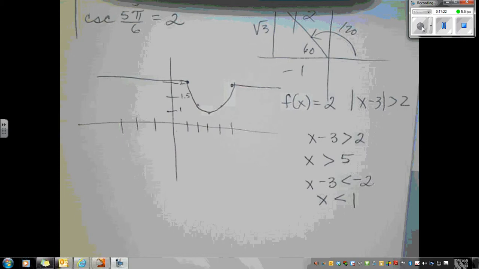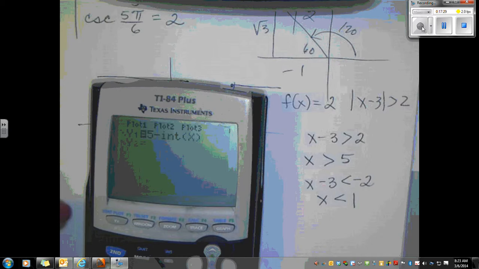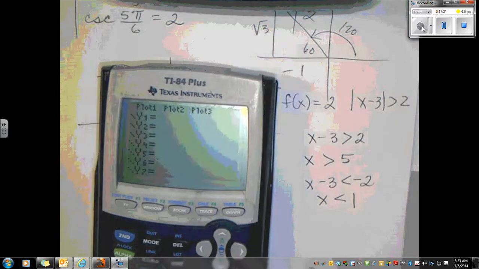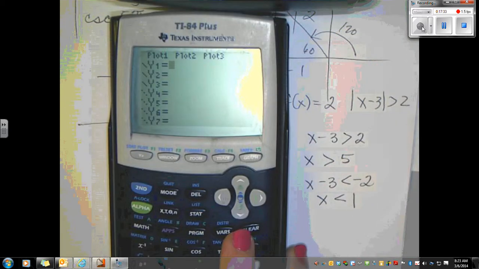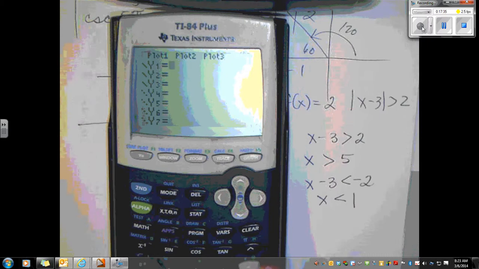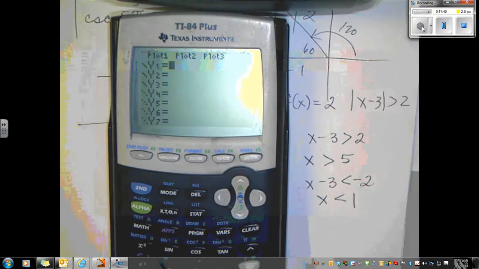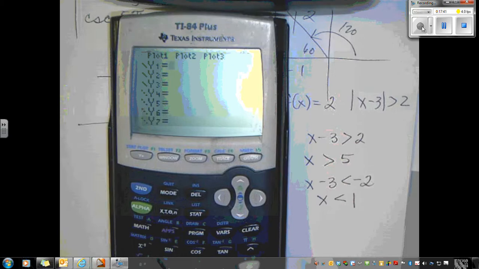Now, step 1. Go into y equals. All right, here we go. Now, you really have to listen to what I'm saying. The parentheses are a biggie.